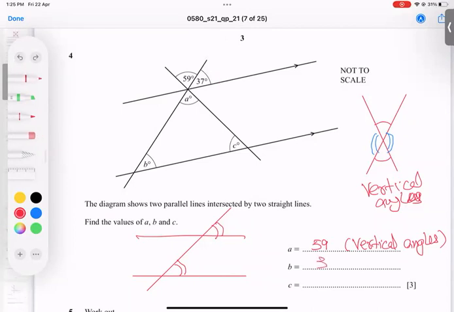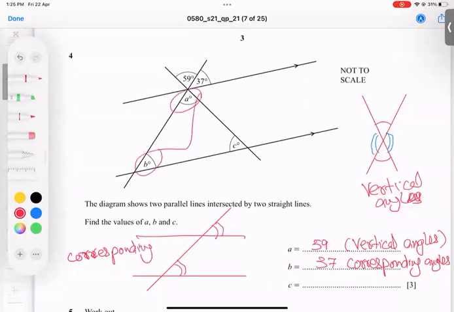And the reason is very clear: corresponding angles. Okay, this is done. This is the spelling of corresponding. Now, as we have A and B, what is the value of C?